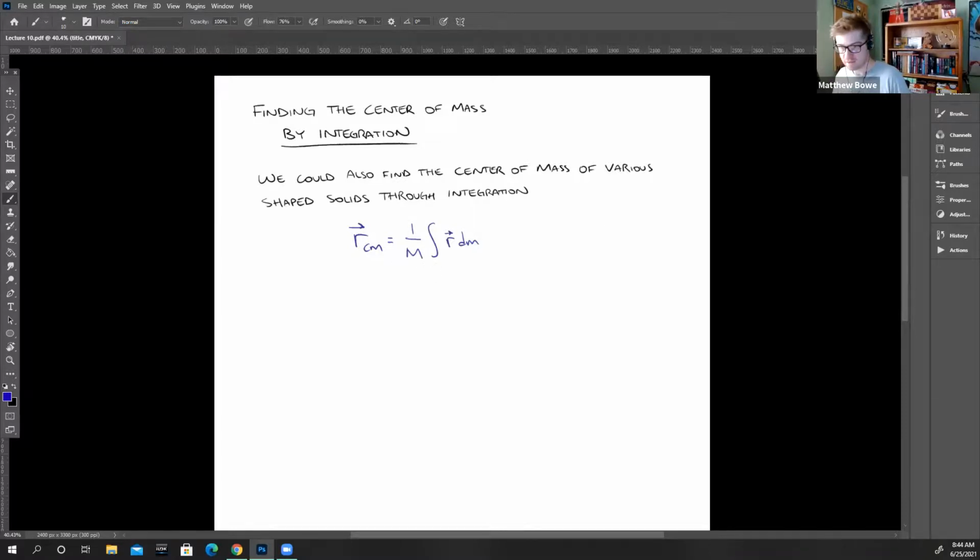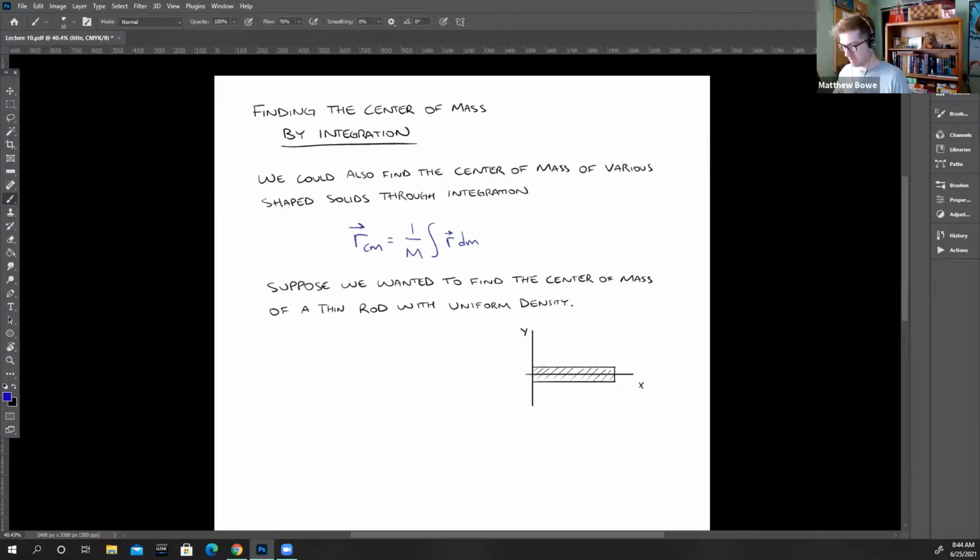So that's where I go to this. For this example we're doing right now, it's just going to be a simple picture of a uniform density thin rod. And I've placed it sort of off center.